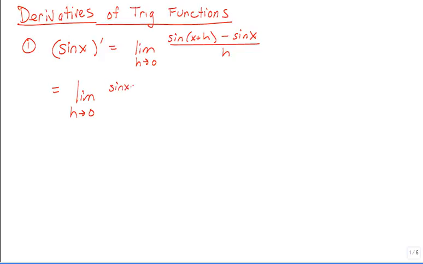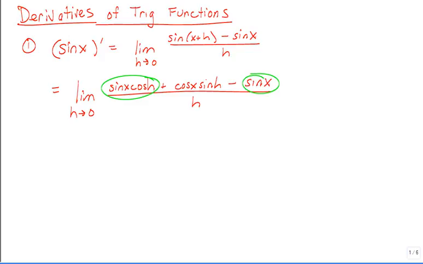That's sine x cosine h plus cosine x sine h, minus sine x, over h. So I'm going to take these two and factor out the sine x.